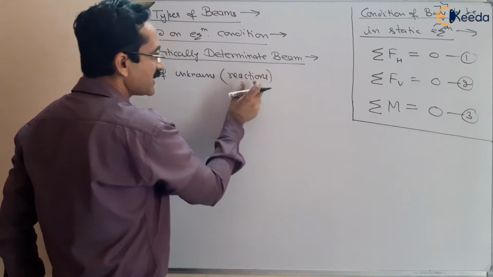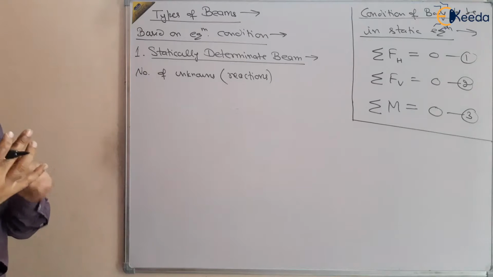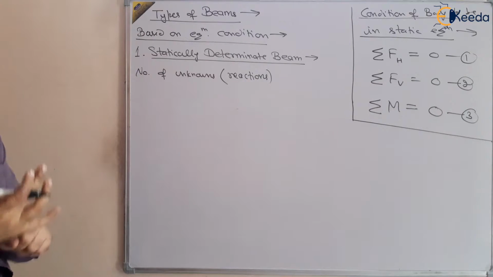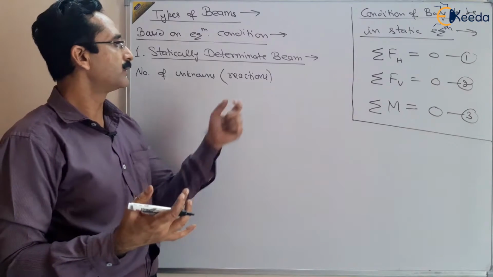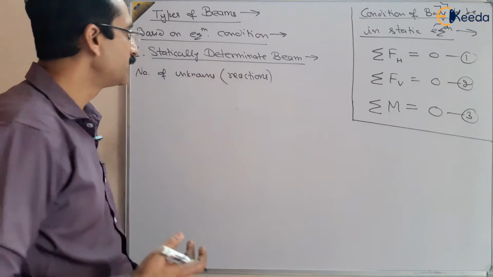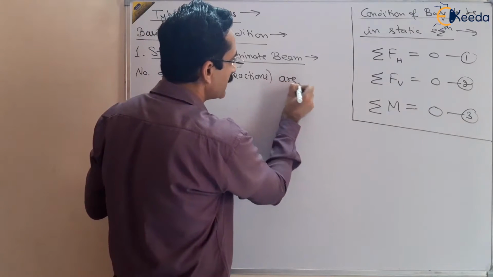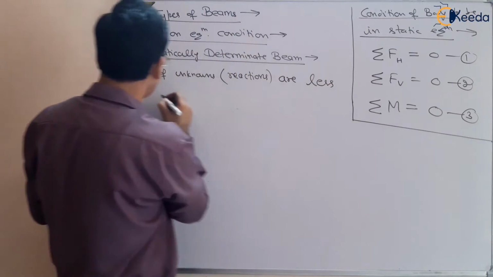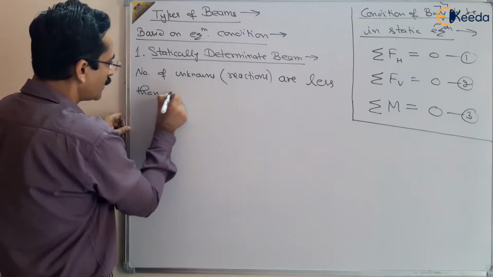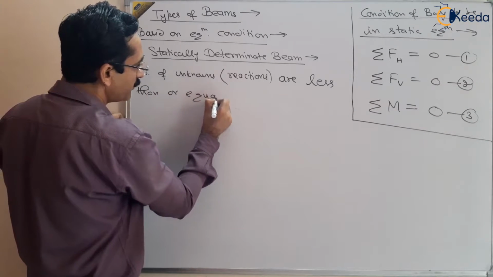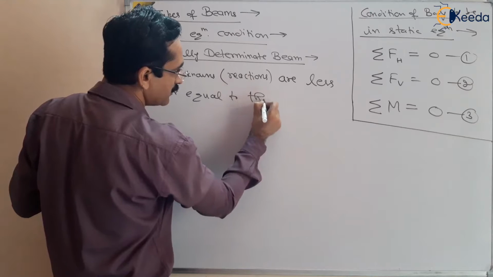And where these reactions are developed? Reactions are developed at the supports, right? Hinge support, roller support, or that is fixed support, right? So number of unknowns, number of reactions are less than or equal to 3.